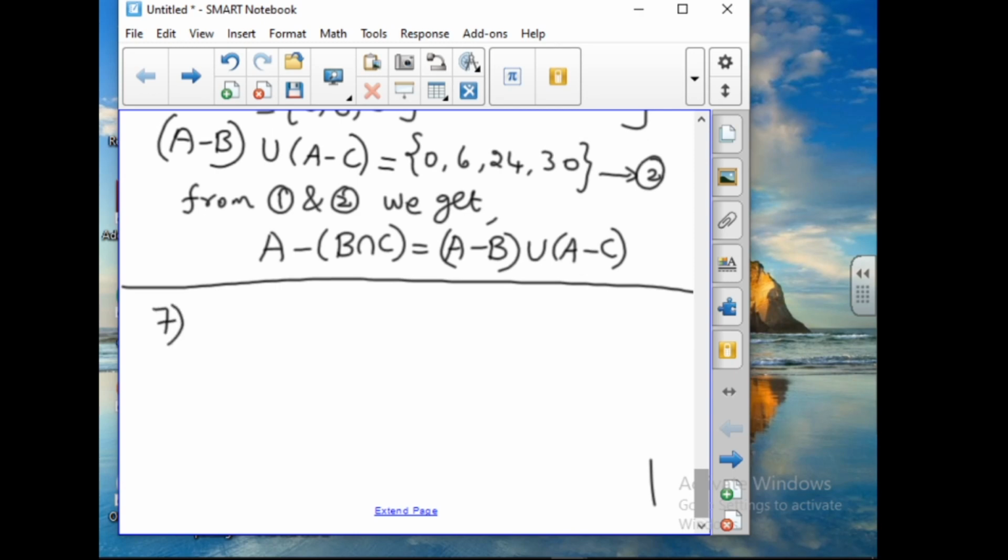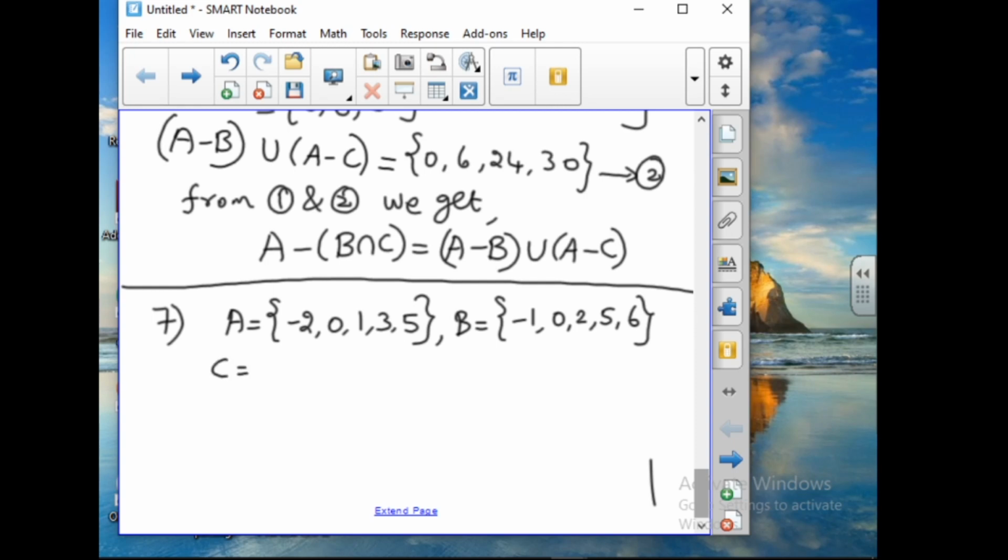Then question number 7. If A is equal to -2, 0, 1, 3, 5, then B is equal to -1, 0, 2, 5, 6.